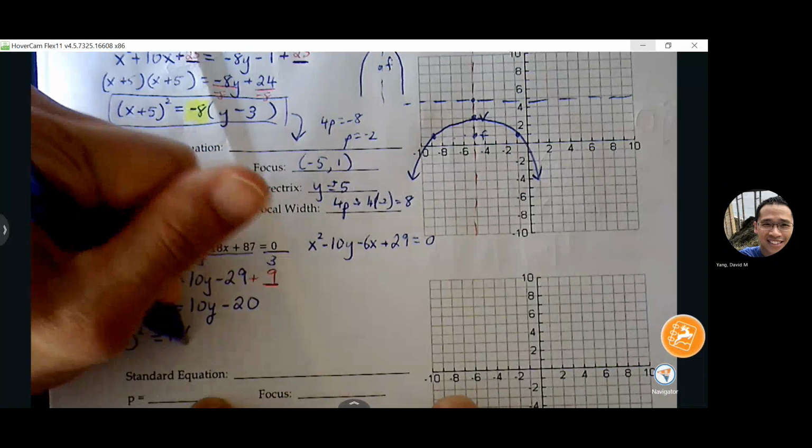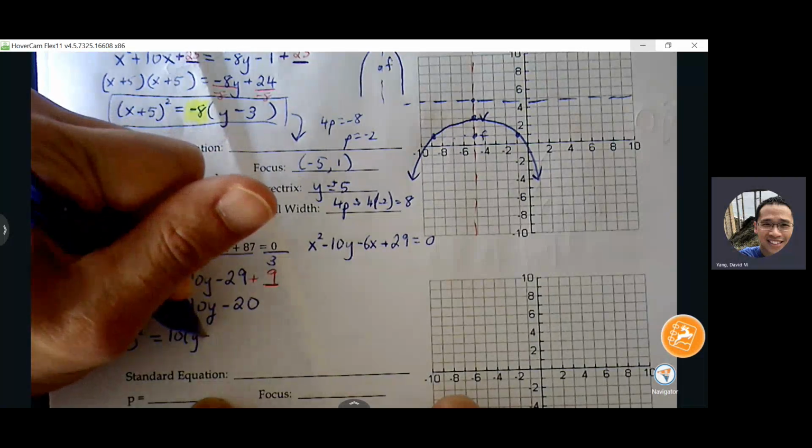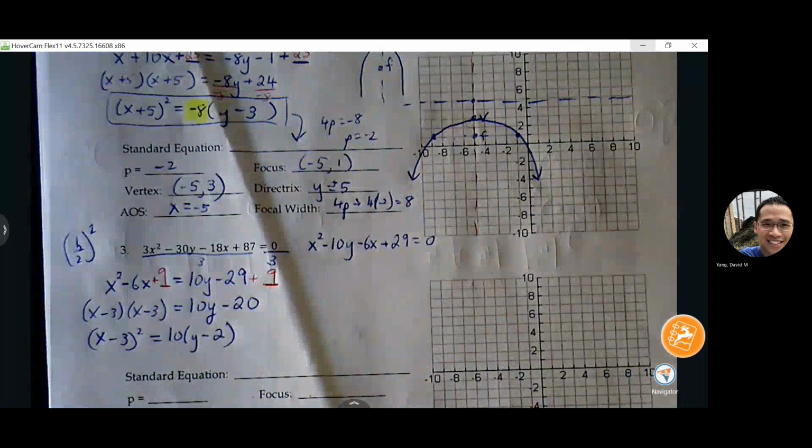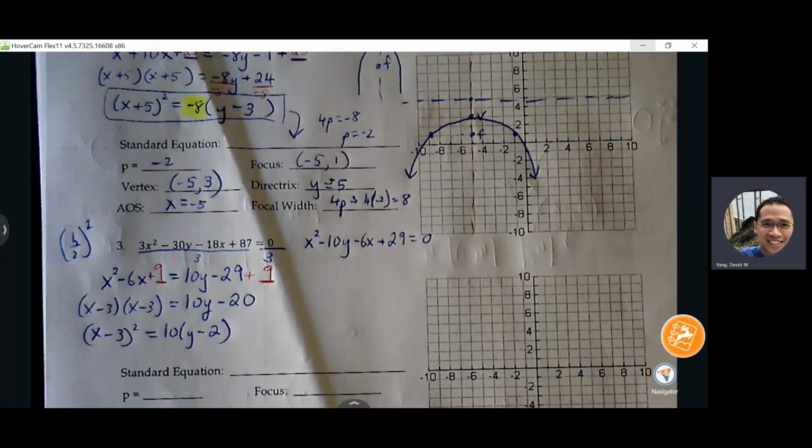Divide everything by 10. So now this feels like a starting point for yesterday's problems, right? From here, we're actually going to get a decimal, but if you just follow your steps, you can sketch your graph the same way as before. The p-value may be a decimal, but it's okay.